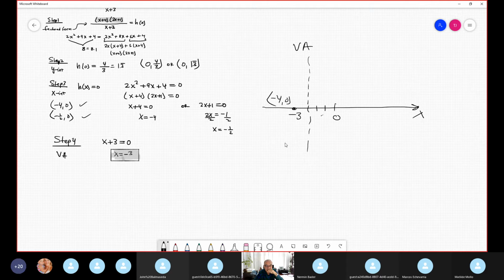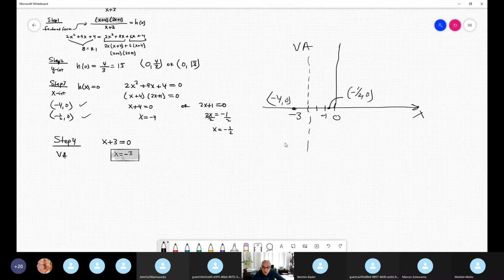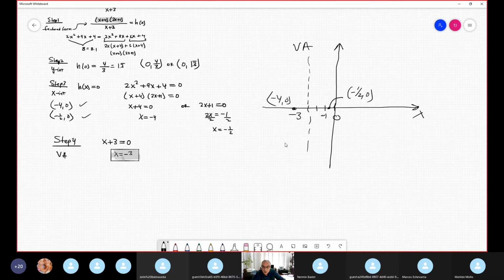I suppose this is -1, and the midpoint here is -1/2, 0. Why no? And the Y-intercept, we have 1.3 on the positive. This is 1, this is 2, and the middle here, not exactly in the middle, you know, close to 1, 1.3, we have the Y-intercept is the point 0, 1.3 repeated.